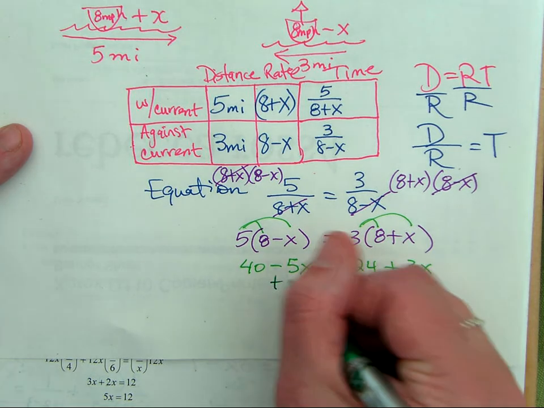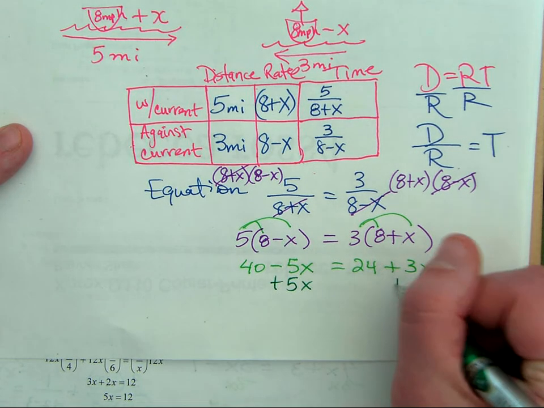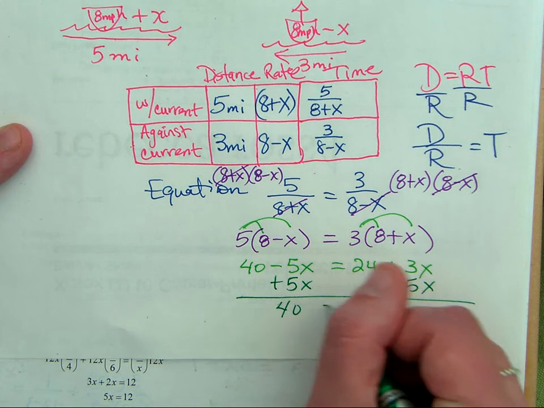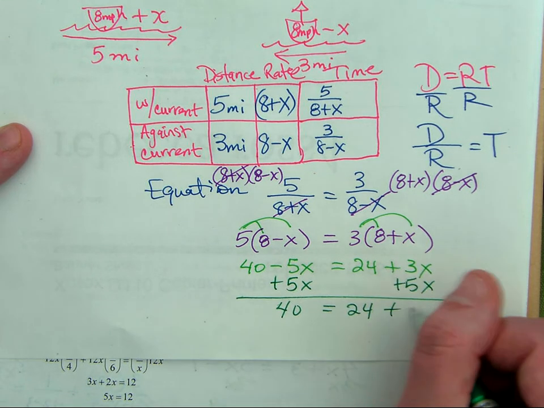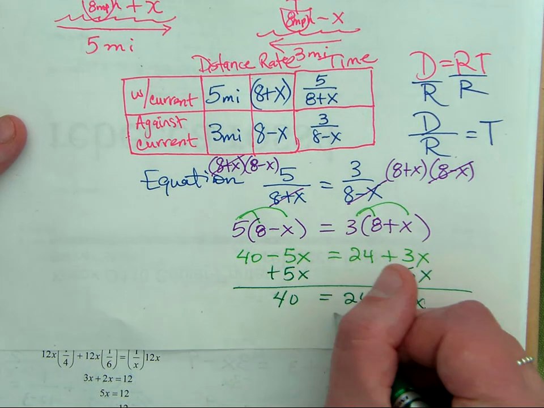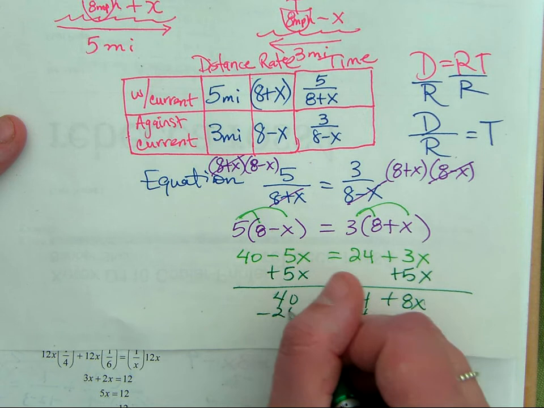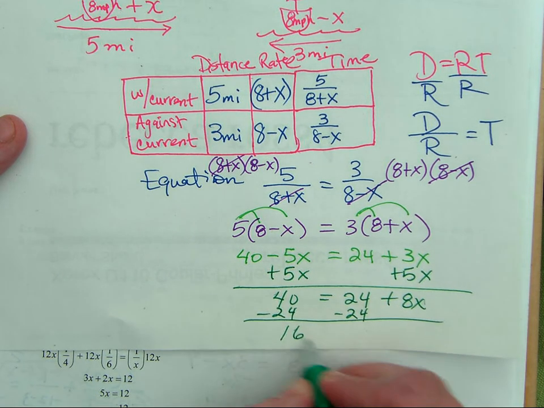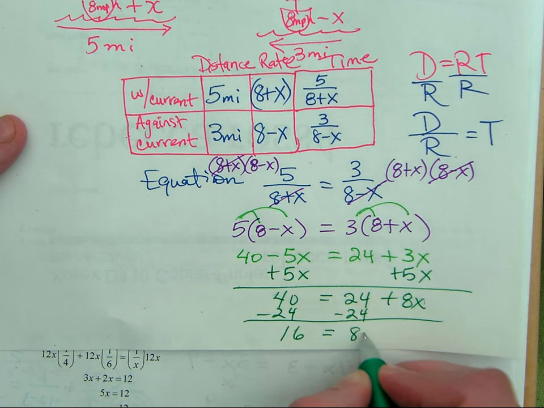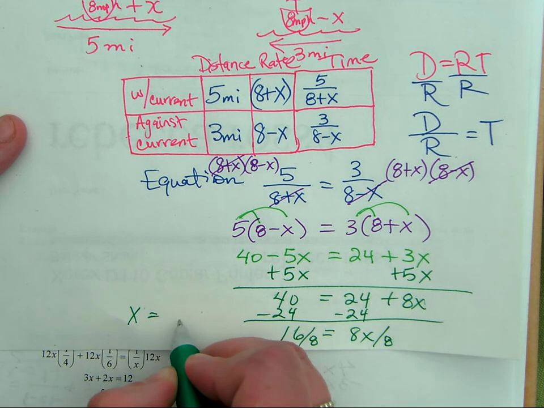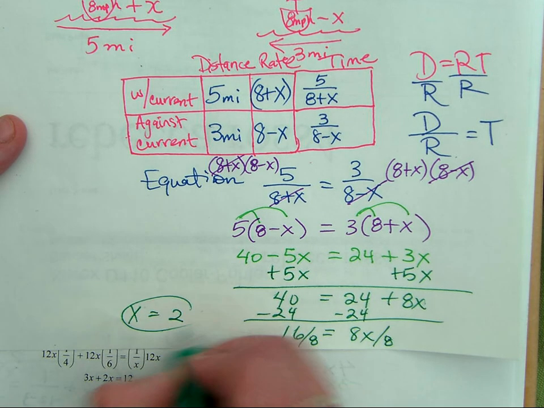So I might start by adding 5x to both sides so that I could have a positive 8. I have 40 equals 24 plus 8x. And now what? Could I subtract the 24 from both sides? And I would get 16 equals 8x. And then if I divide both sides by 8, I get x equals 2.